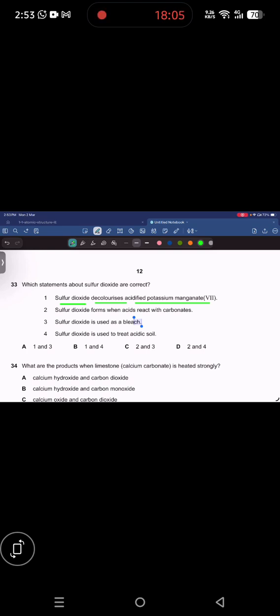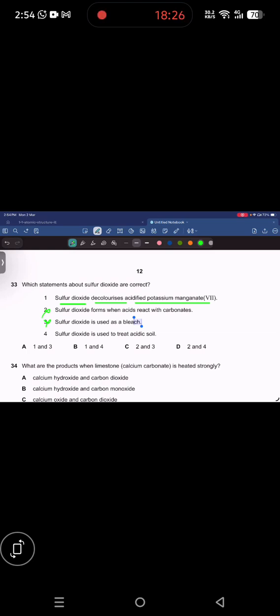Sulfur dioxide forms when acid reacts with the carbonate. No. Sulfur dioxide gas is used in the bleach. No, sulfur dioxide is used in the bleach.